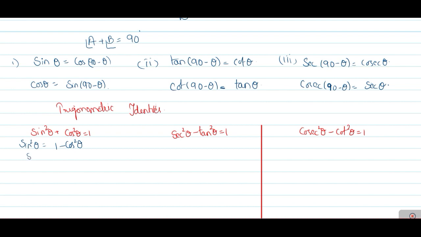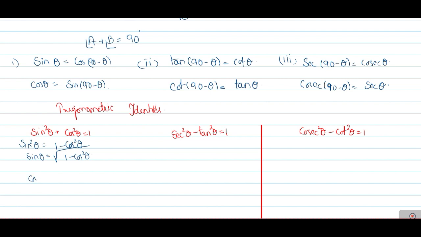Now, I want the value of just sine theta. The square when transposed will become a root. So, sine theta is equal to the square root of 1 minus cos square theta. The second thing is, now I will be transposing sine and not cos.